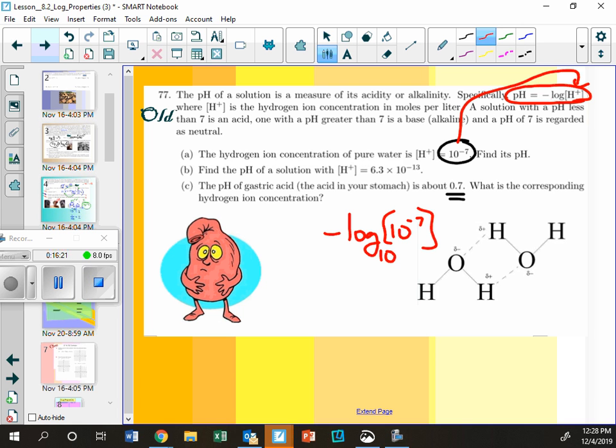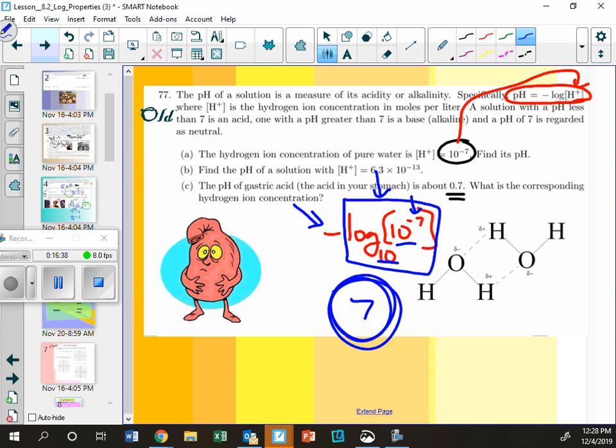And that's the clue that these are the same, so the answer's already there. The answer to this whole thing, not counting the negative, is negative 7. And now that there's another negative, you have negative of negative 7, which makes it a 7. So they were having us find the pH of water. Make sense? All right.